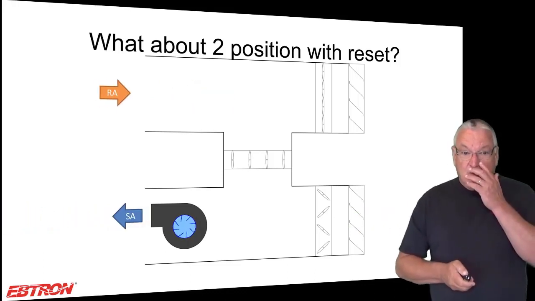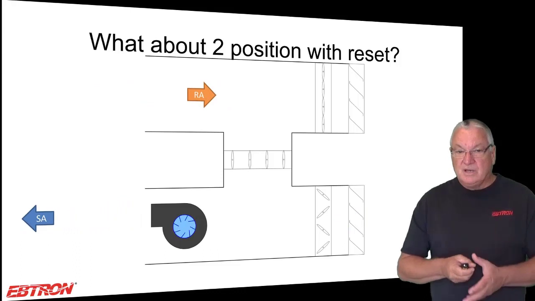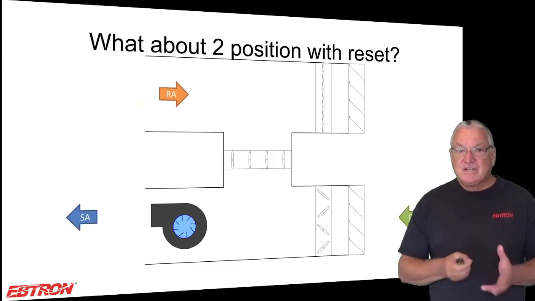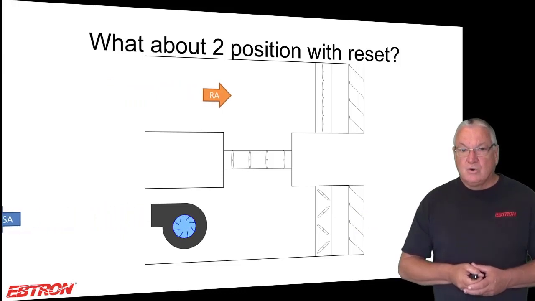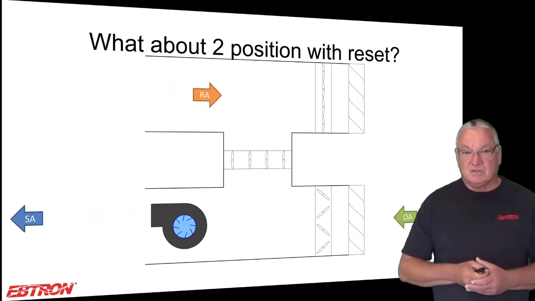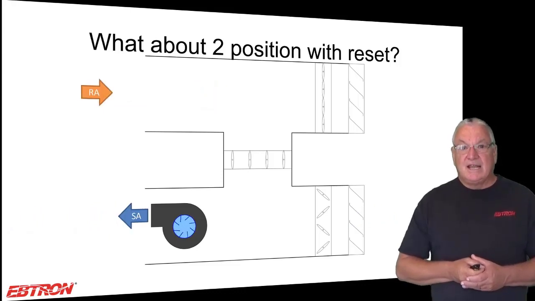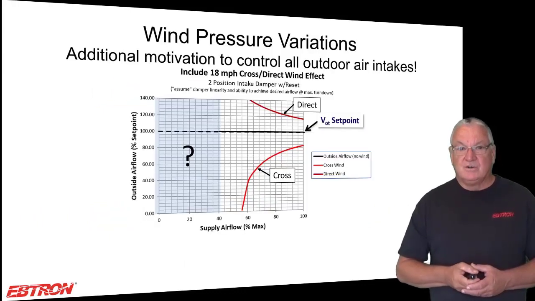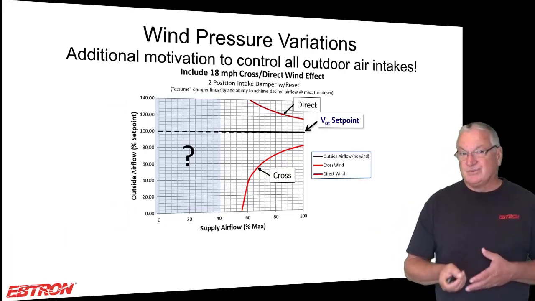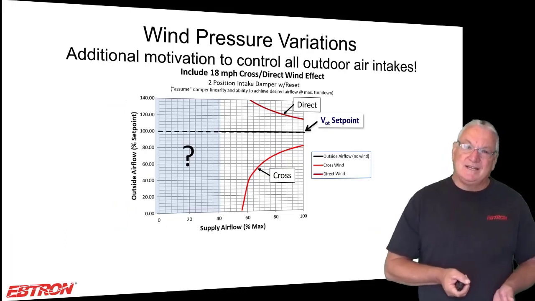So when you go to a more open damper position, you've got less resistance to flow. So a given change in pressure on the exterior of this building is going to result in a larger change in flow. And that's what I'm showing you here. Even if the damper was linear, which is what I'm assuming, it really isn't.